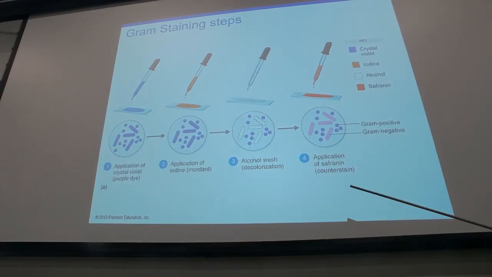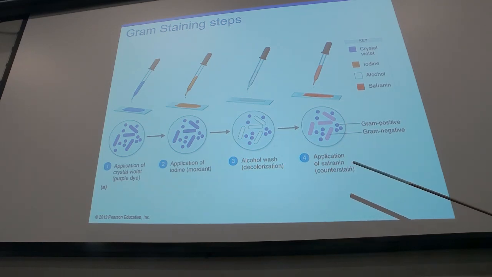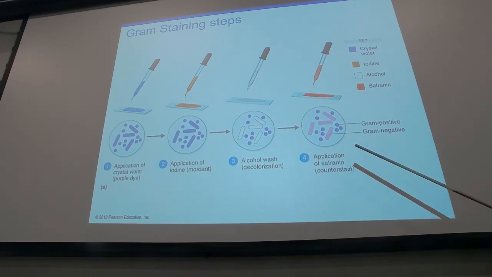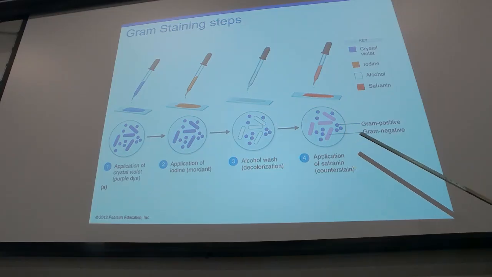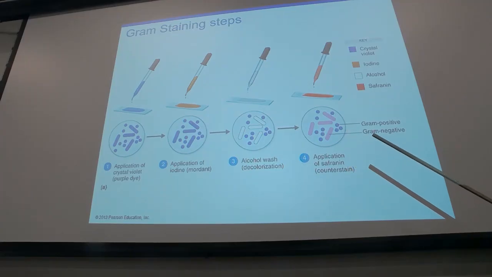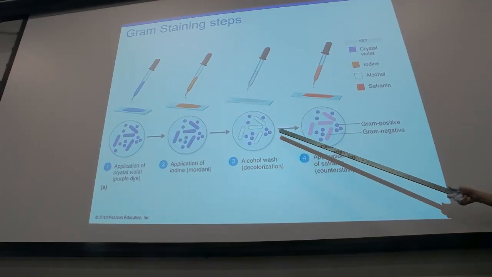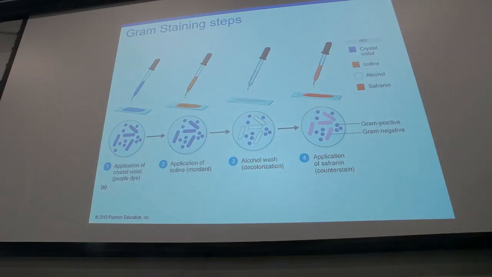Let's say a technician is working on the weekend, Saturday night, Sunday night, basically 3 a.m. They run out of safranin. They receive a sample of CSF to stain, and they see only gram-positive bacteria.